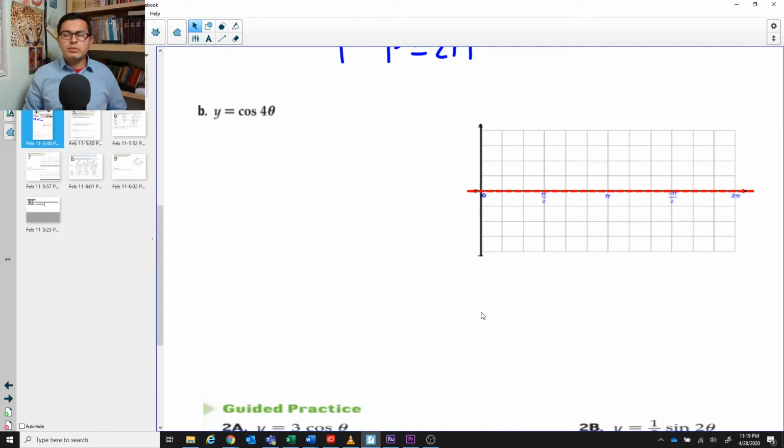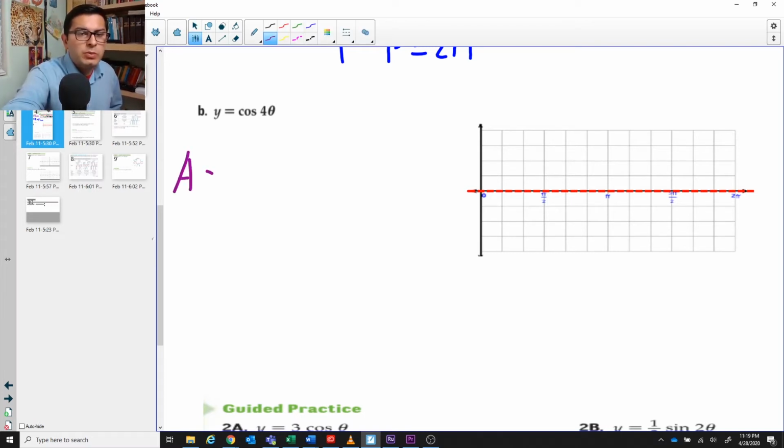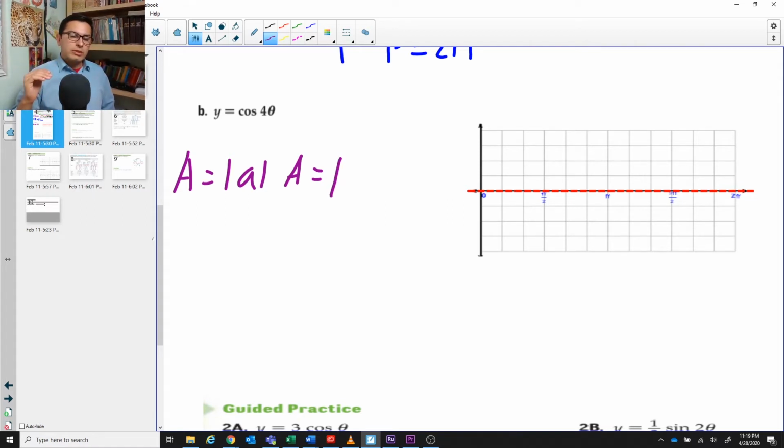Now I want to see my amplitude, so how far up and down this function goes. Our amplitude is going to equal the absolute value of A. Our A in this case is 1, so our amplitude is going to equal 1. So the maximum point is going to come 1 off of this midline, and the minimum point is going to come 1 down off of this midline.